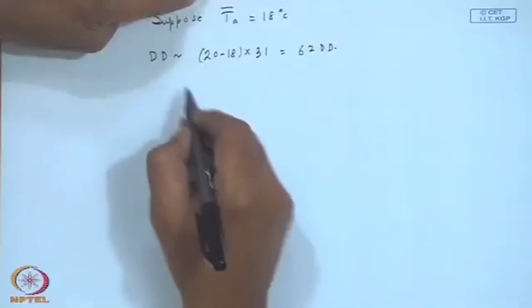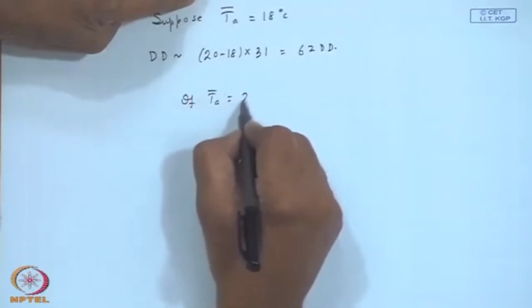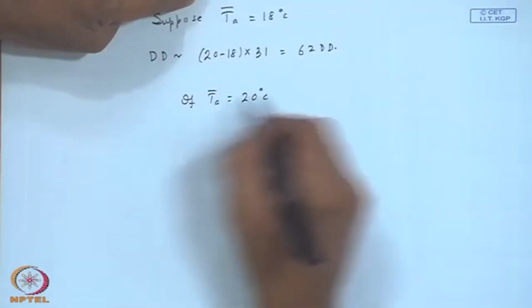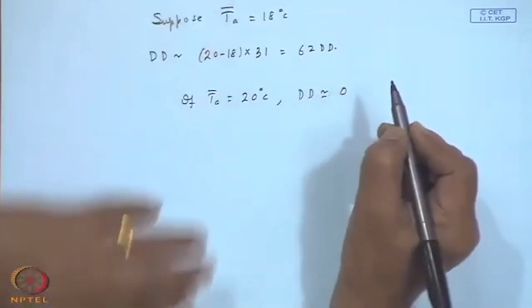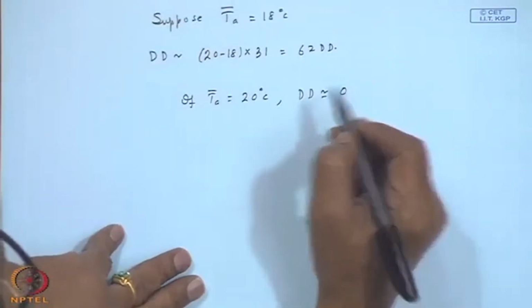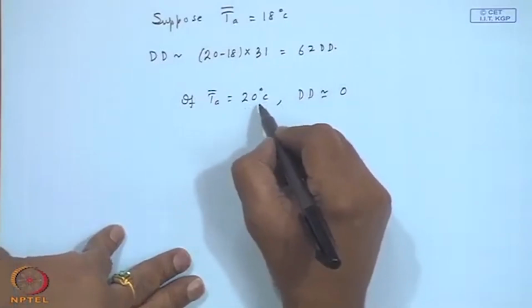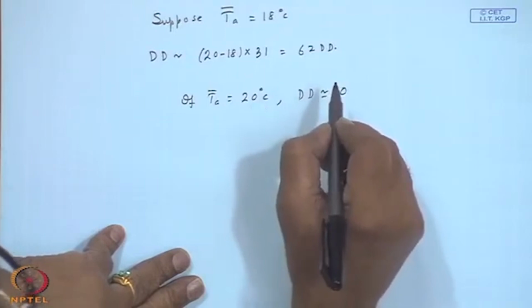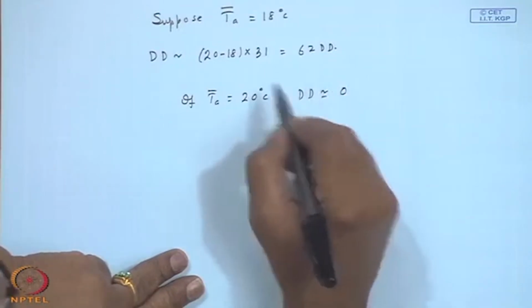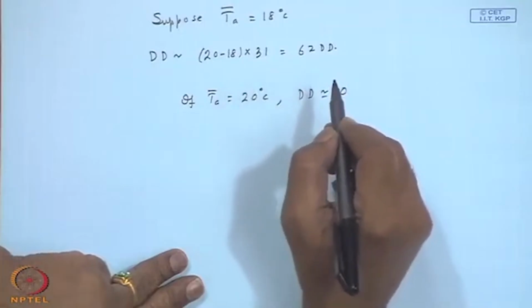And the case in point could be if T A bar equals 20 degrees C, my D D approximate is 0, which definitely is incorrect, because at 20 degrees C there will be days with less than 20 C, which require some heating, and there will be hours even much lower than that day's average temperature, which require some more heating.